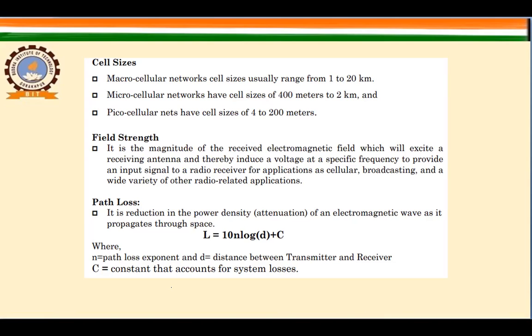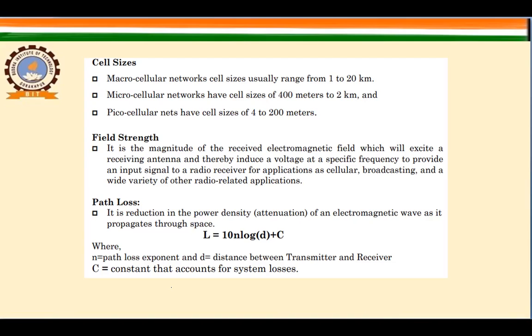The micro cell in a cellular network has a cell size of 400 meters to 2 kilometers.